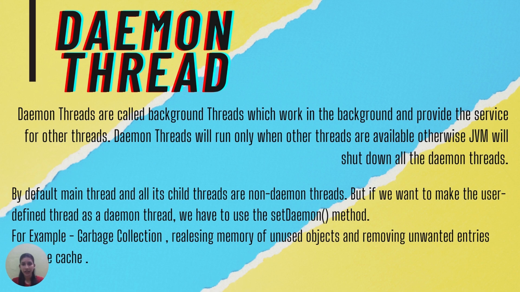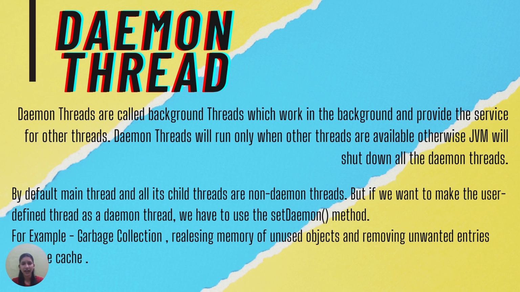Discussing about Daemon thread. Daemon threads are called background thread. They work in the background to provide the service for the other threads. These threads only run when the other threads are available or running. If not, the JVM will shut down all the daemon threads.